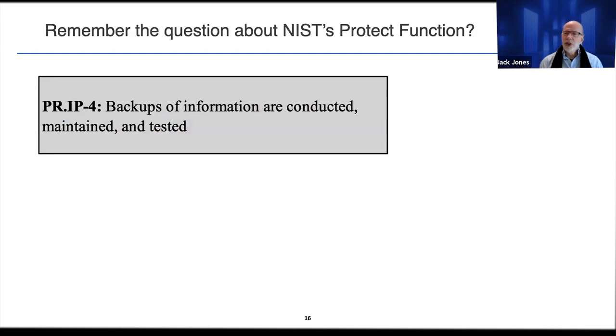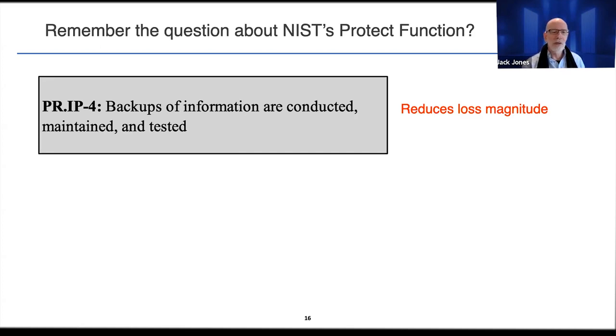So remember my question earlier about NIST's Protect function, and we look at PR.IP-4. Well, that actually doesn't map to the frequency of loss. It affects the loss magnitude, okay? So it's in the Protect function of NIST, yet it doesn't affect the frequency of loss.